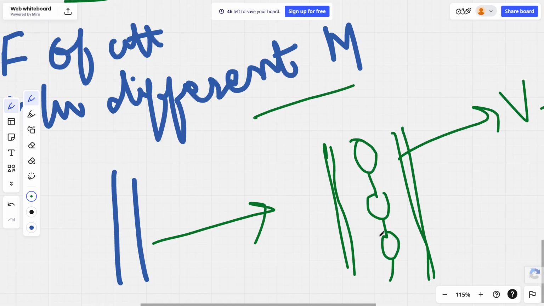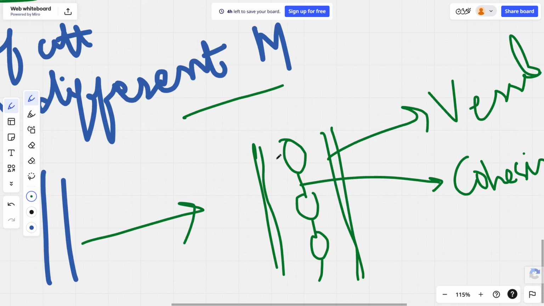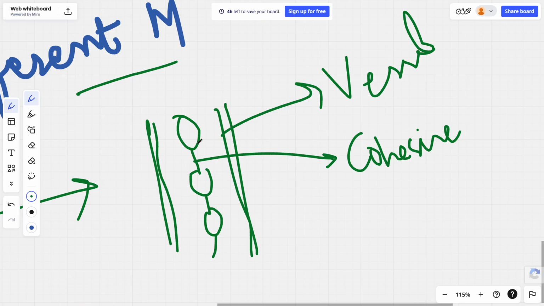So this bond is called cohesive, because these types of molecules are the same. This is the same, this is the same, this is the same. So this is a cohesive force.